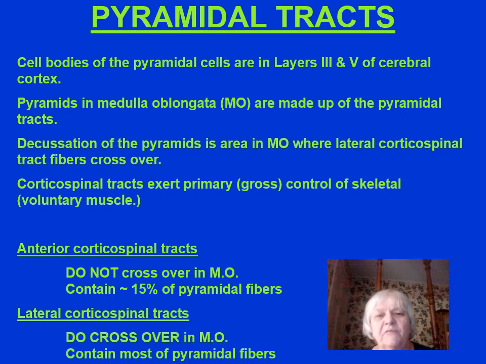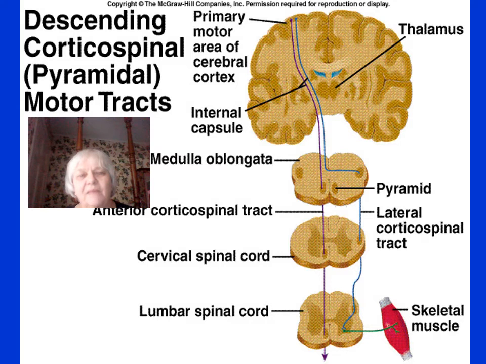So this is some of the information I think I just mentioned most of this to you about the pyramidal tracts. The word decussation in the third little sentence just means crossing over. This is an image or a little diagram of the corticospinal tracts. The word pyramidal, by the way, has to do with the shape of the cells that are in the precentral gyrus that are controlling your skeletal muscle.